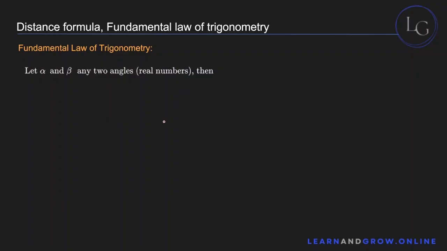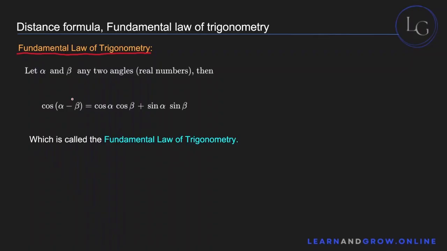Now we're diving a bit deeper into trigonometry. We'll be dealing with a lot of different identities, and they all stem from the fundamental law of trigonometry. And this is it. Say you have angles alpha and beta, and they're both real numbers.